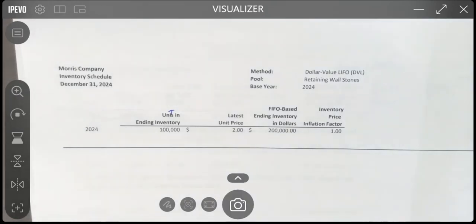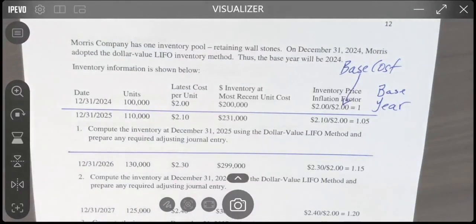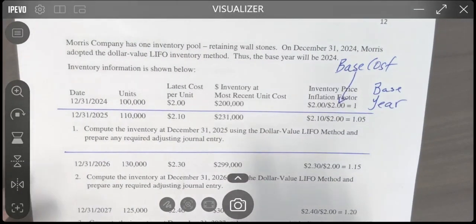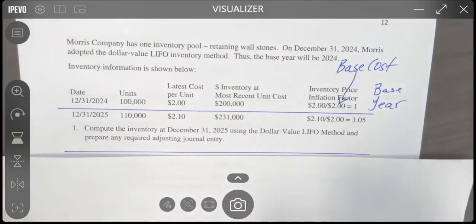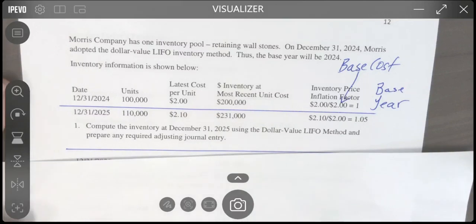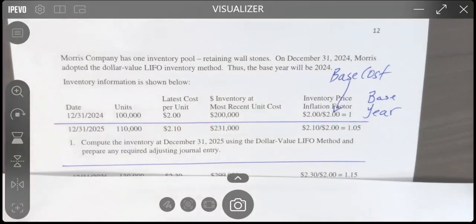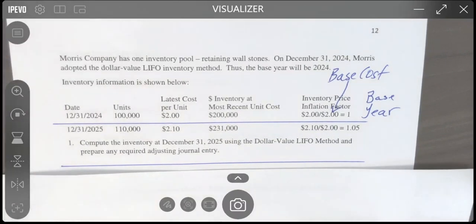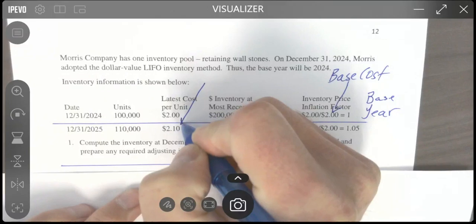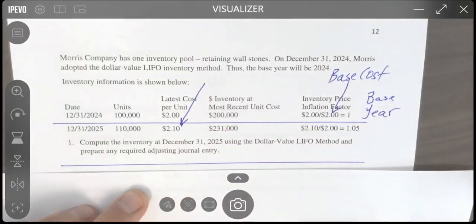That brings us to 2025. And so Morris Company has now done another year of business. At the end of the year, many stones have come in and many stones have gone out. But at the end of the year, they counted 110,000 stones in ending inventory. The latest cost that they paid their supplier was $2.10 a stone.